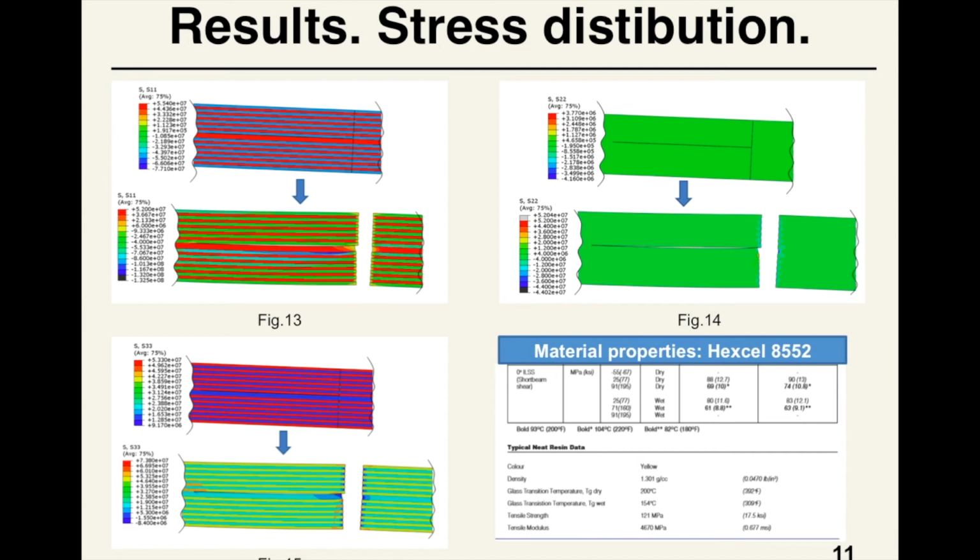When modeling the cutout, the effect of the concentration of maximum stress in the local zone of the free edge region arises. It was shown that the absolute maximum stress in the longitudinal direction is mainly concentrated in a small region at the free edge and is close to the ultimate strength of the composite material.